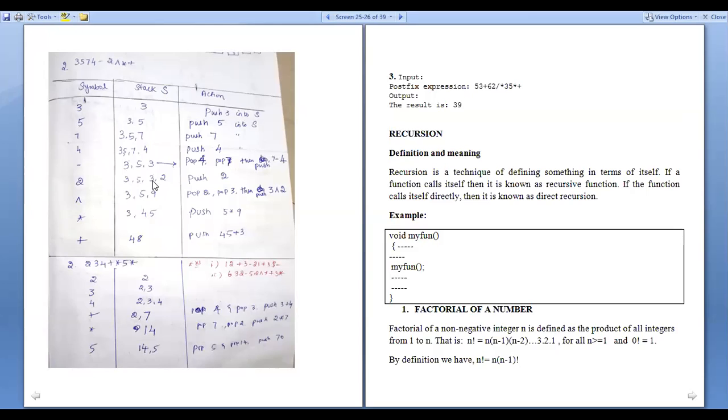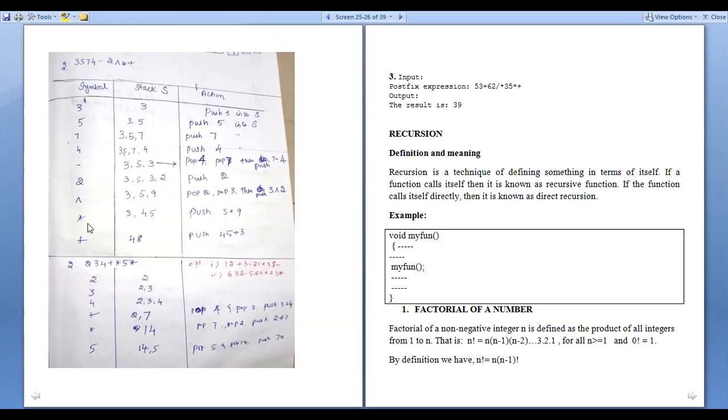The operation is power, so it will be 3 raised to 2. Here also we should not do 2 raised to 3, we should do 3 raised to 2, even though 2 is the last element popped. So 3 raised to 2 is 9. The result will be pushed to the stack.